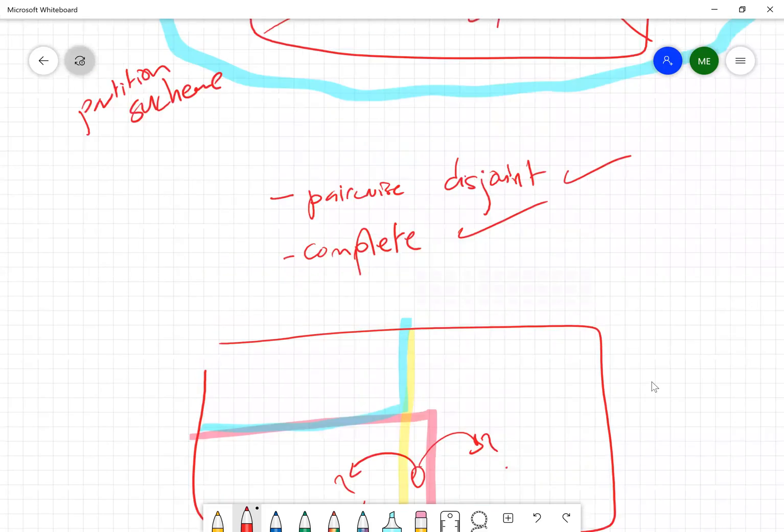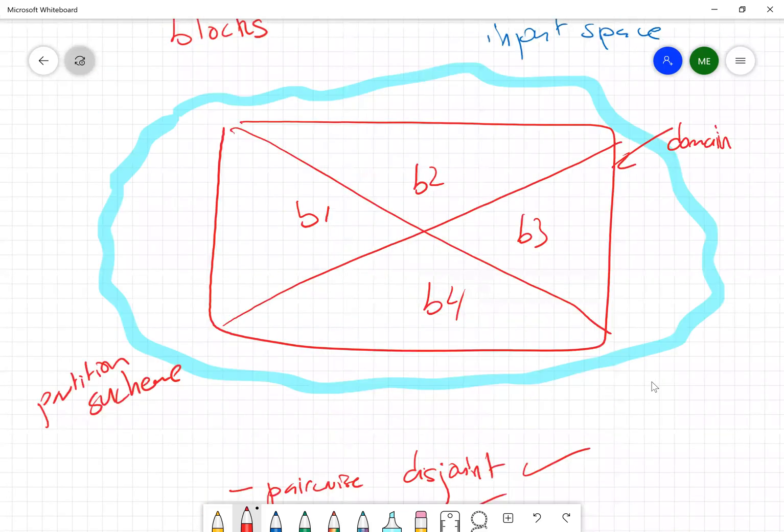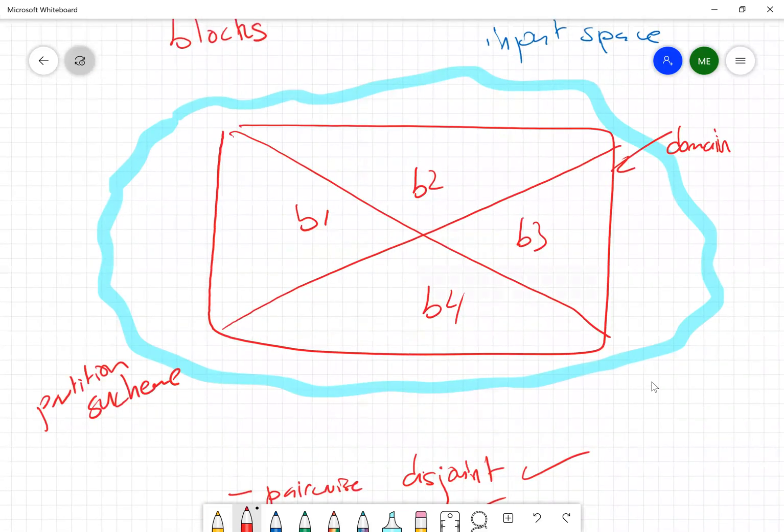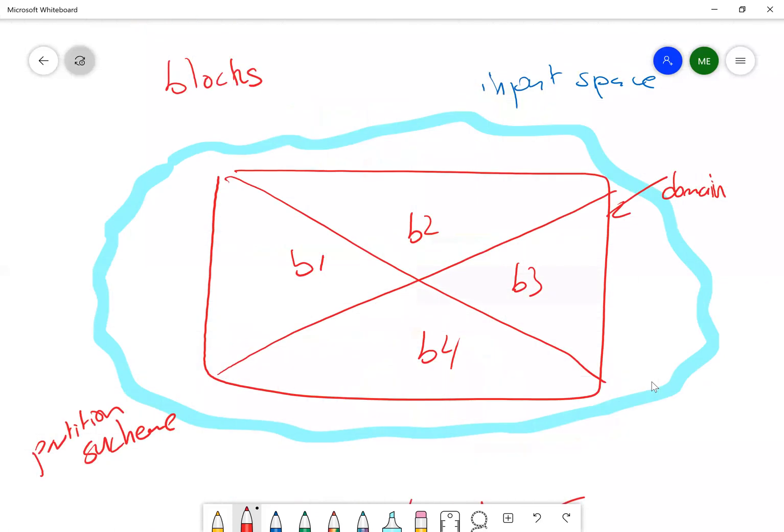So we're going back up over here. And like I said, I could have had multiple partition schemes. It doesn't matter which one I finally come across, I have to satisfy two criteria, two properties: that they are pairwise disjoint and that they cover the entire domain.